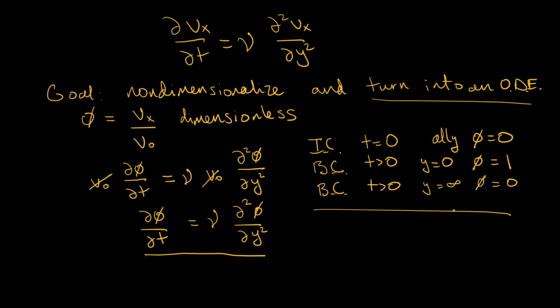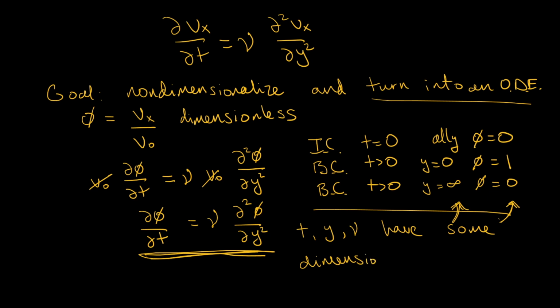Note that in all of these quantities here, we only have numbers. We don't have any variables, and we don't have any values that depend on some dimension. We can hypothesize here, as a way to simplify our differential equation, that all of these quantities, t, y, and nu, have some dimensionless combination. And we can make a hypothesis that our phi will actually only be a function of one dimensionless variable, which we're going to call eta.